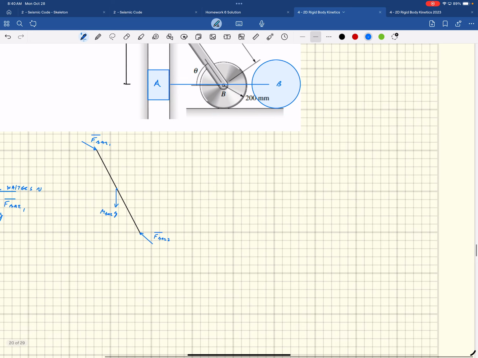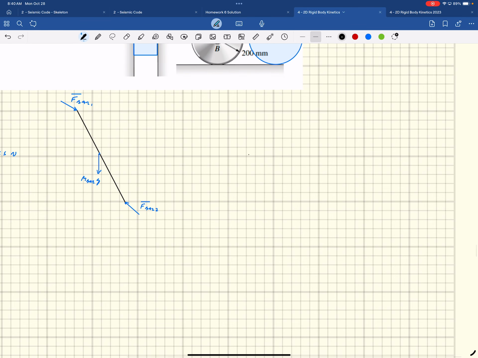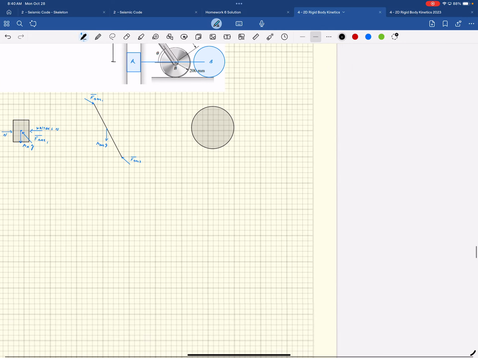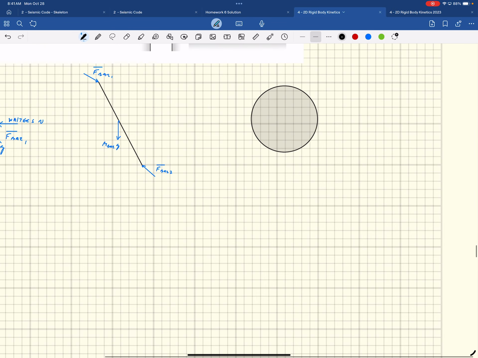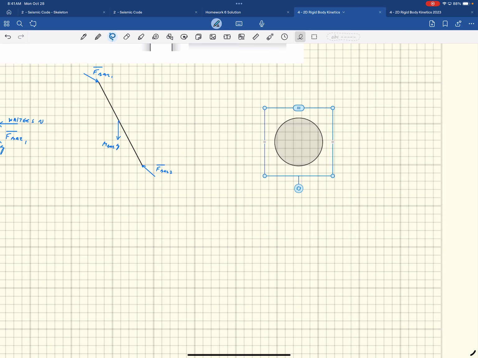And then, last thing is the disk B. Let me see if I can draw a circle. Nailed it. Okay, things acting on that disk. That's just a little big. I did it though.